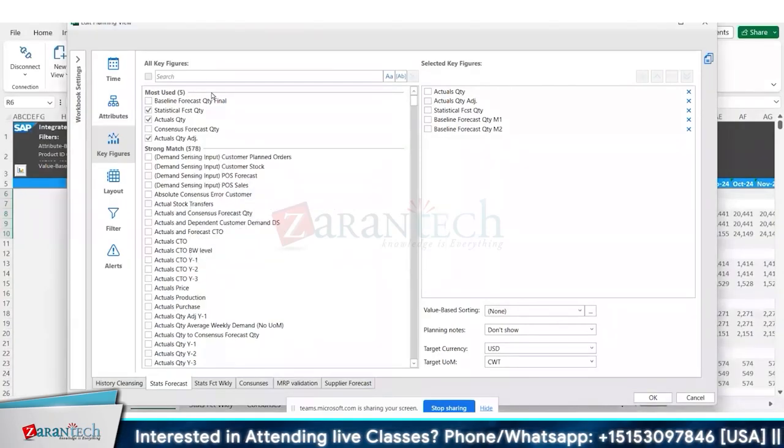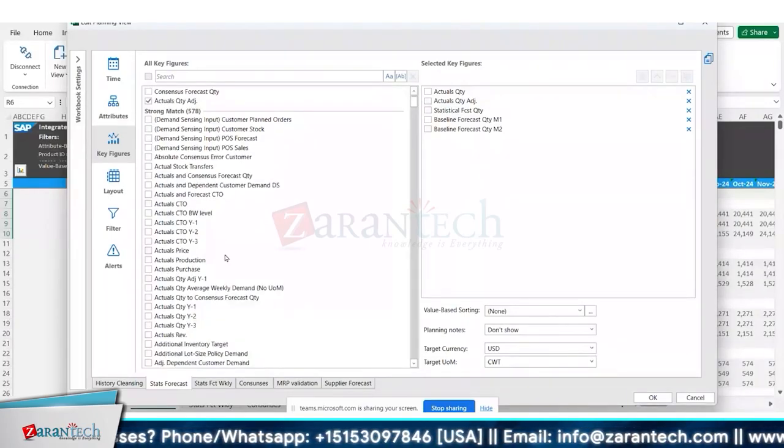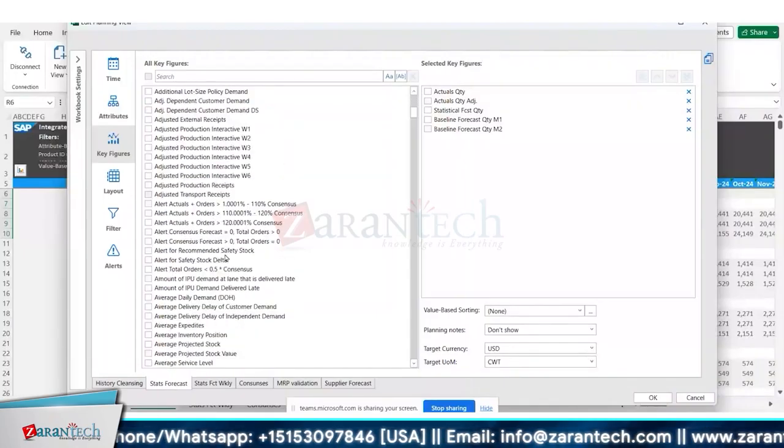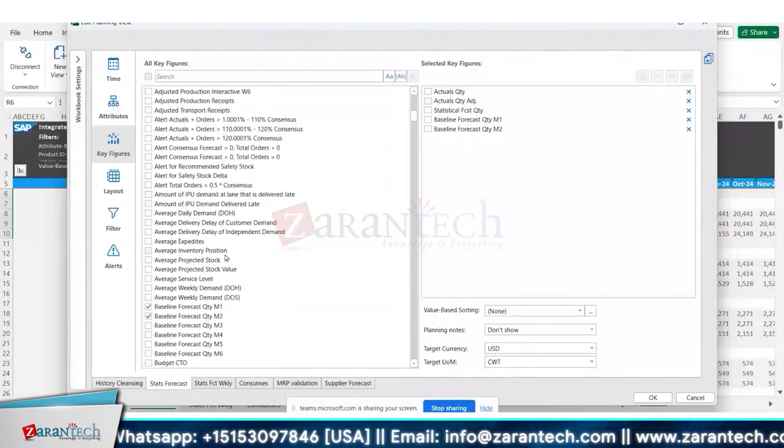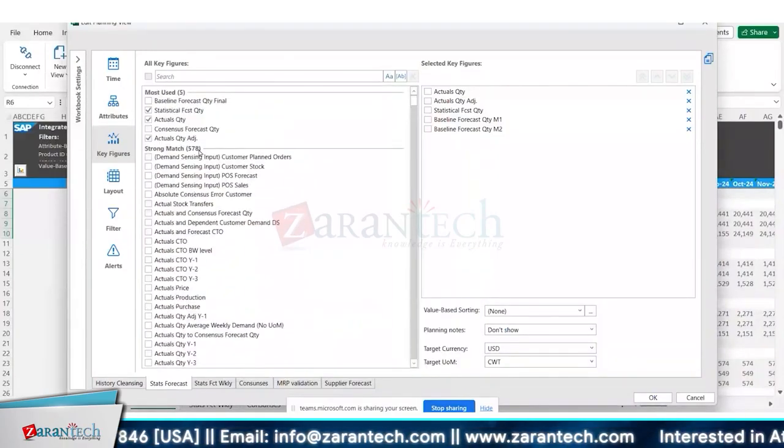Is it actual quantity in your system, or is it delivered quantity? Because while I was working in this system, I found that some of the data are also in the delivered quantity. So when you invoice to the customer in SAP IBP, where does that quantity reflect? Is it getting loaded on actual quantity, or is it getting loaded somewhere else?